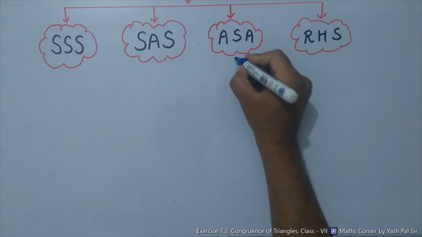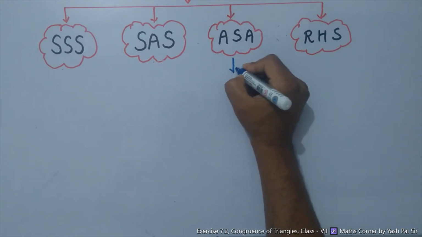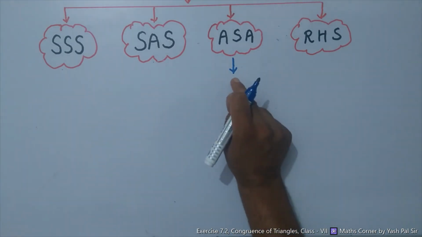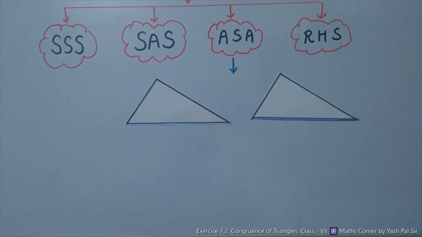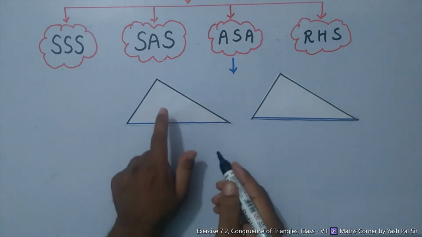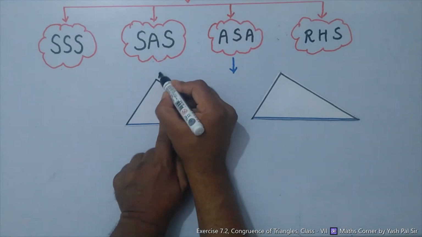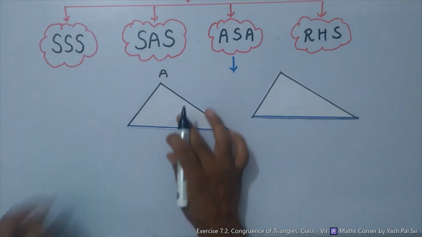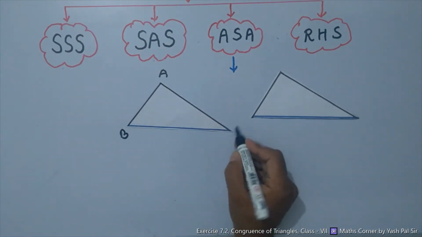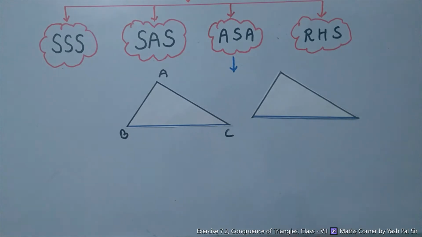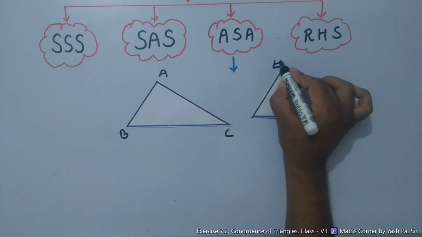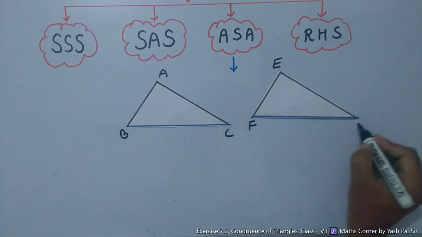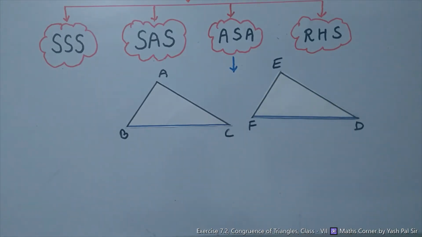Next we have the angle, side, angle criteria for congruence of triangles. Again, suppose we have two triangles. The name of this triangle is ABC. This is the second triangle and the name of this triangle is EFD. Now what is given here?